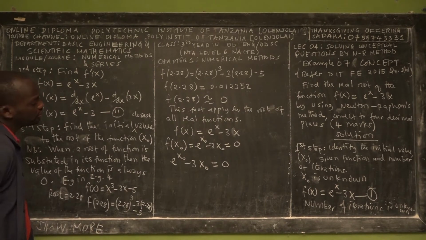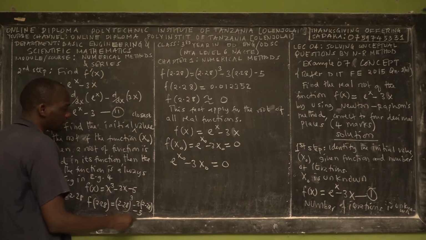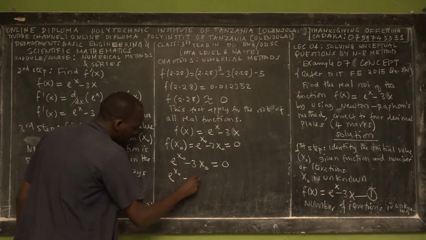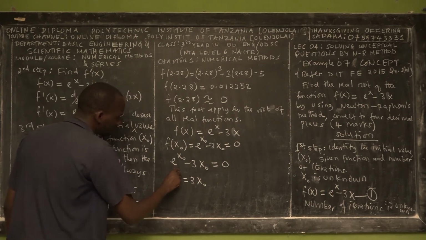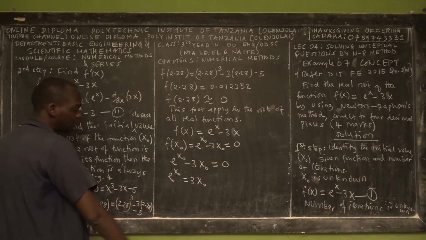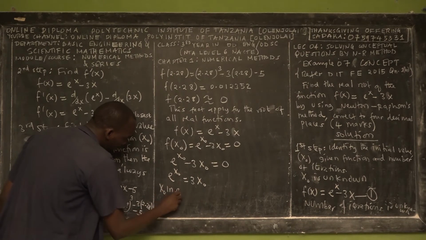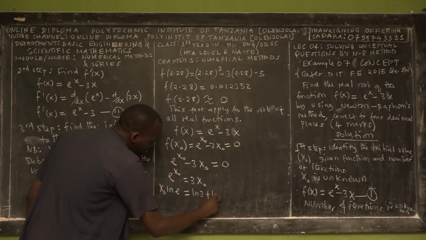If you use the technique of making x the subject, it may be a little bit challenging, but let us try. e power x naught is equal to 3 x naught. So how can we make x naught the subject? If you apply ln, for example, it will be x naught ln of e is equal to ln of 3 plus ln of x naught.